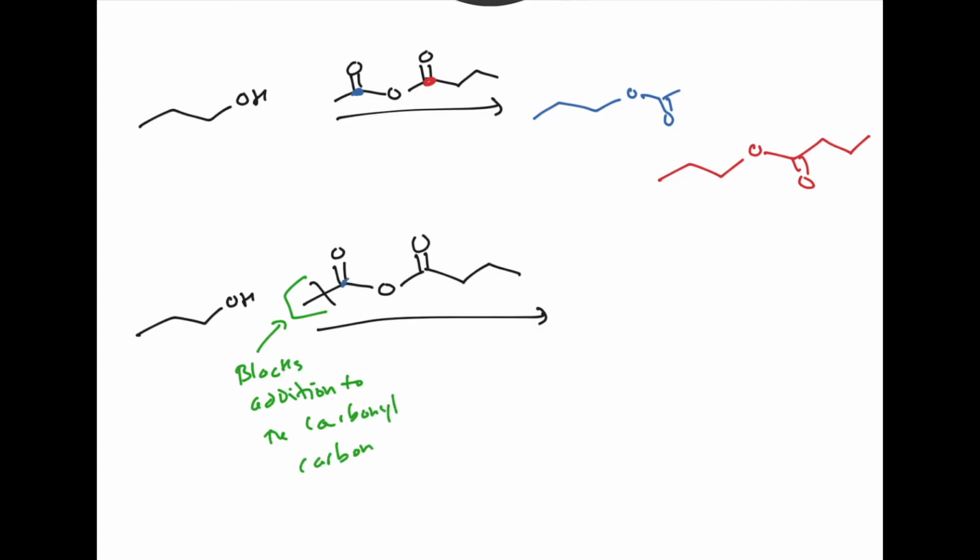So if you use a big group like a tert butyl, it's going to block addition to that blue carbonyl carbon and only allow you to add to the red side. So then you'll only make the red ester.